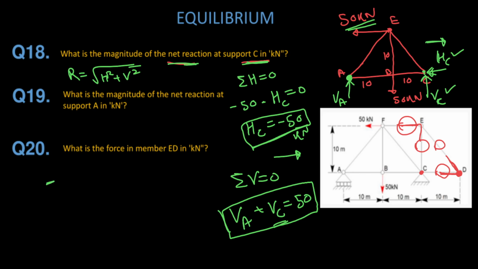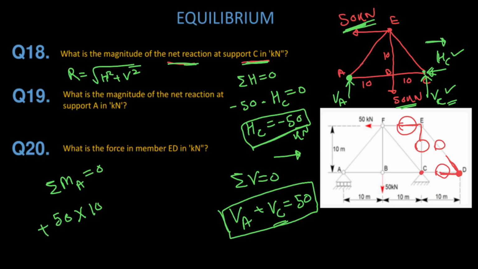So the moment due to these two unknowns will be 0, and I can easily calculate VC. I am taking moment about point A equal to 0. What are the forces which will give moment? Here is a force, here is a force, and here is a force. First, 50 kilonewton into perpendicular distance 10. Is it clockwise or counterclockwise?